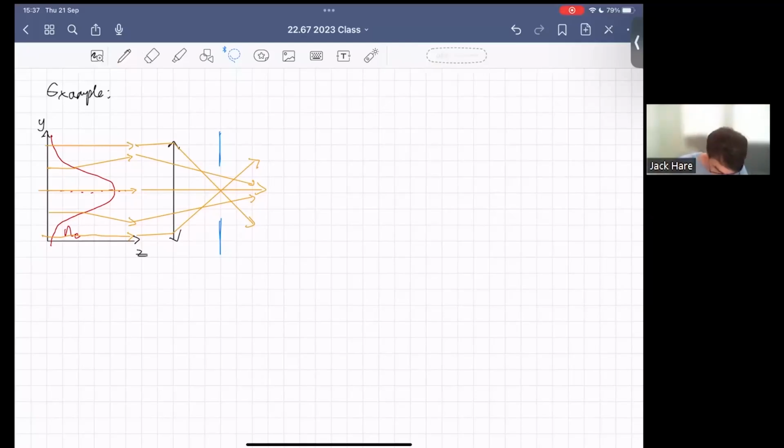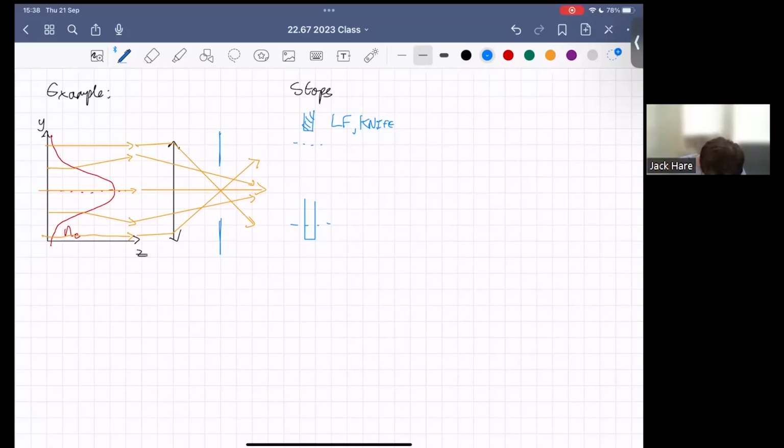So now we can put a series of stops inside here. We could have a stop on that blue dashed line that looks like a light field knife edge. We could have a stop that looks like a dark field knife edge.